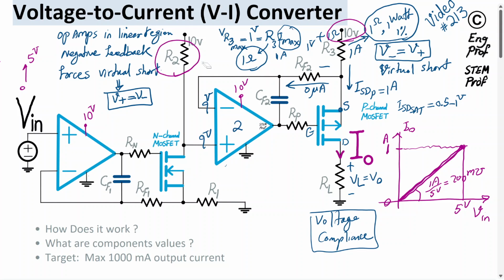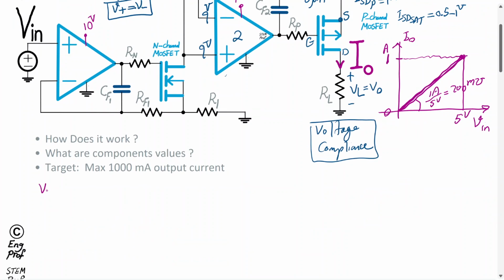So what I'm trying to say is plus/minus VR2, and here, plus/minus VR3. Because of the virtual short for the second op amp, we can write that the voltage drop across R2 and across R3 should be the same.